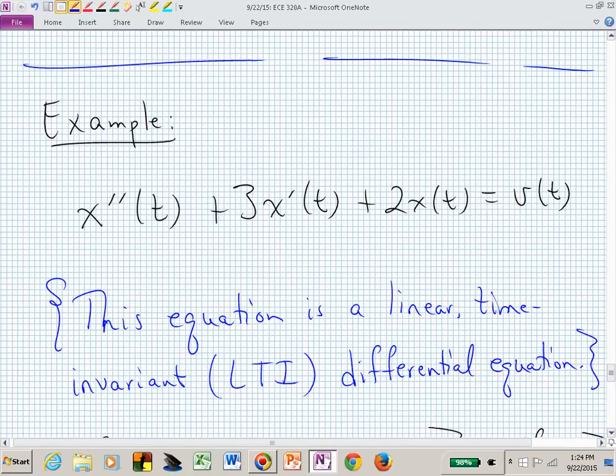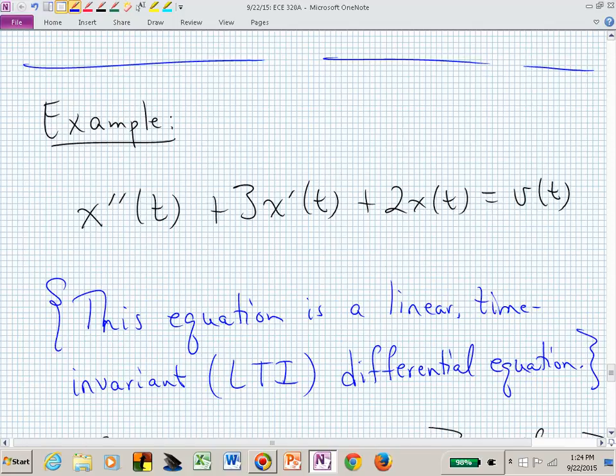We might like to know that current satisfies this second order differential equation, but what does x of t look like in the time domain? Little x of t, what's that look like? It'd be nice to know. Is it some exponentially damped sinusoid? Is it a constant? What does x of t look like? What's the current look like in that circuit? That's what we're trying to find.